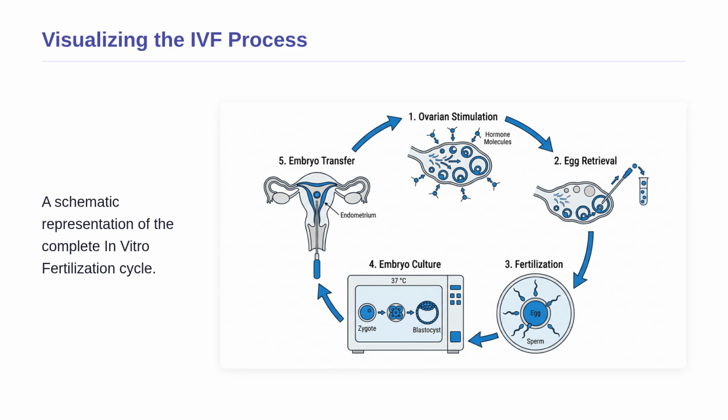Moving to the left, the fertilized egg enters the embryo culture phase inside a temperature-controlled incubator, developing from a single-cell zygote into a multi-celled blastocyst. Finally, the cycle completes in the center with the embryo transfer, where a catheter carefully places the blastocyst into the uterus, specifically targeting the endometrium.